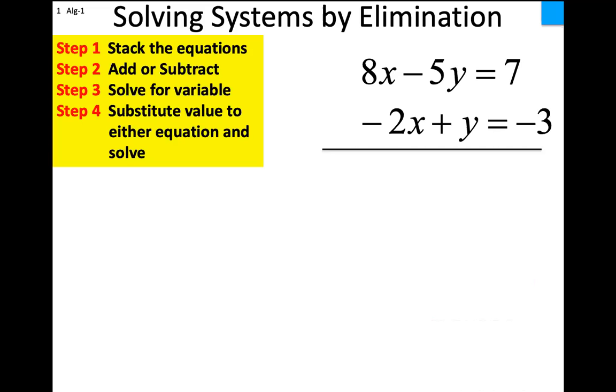Subtract 32 from both sides. 7 minus 32 is negative 25. So we get negative 5y is equal to negative 25. Therefore, y is equal to 5.